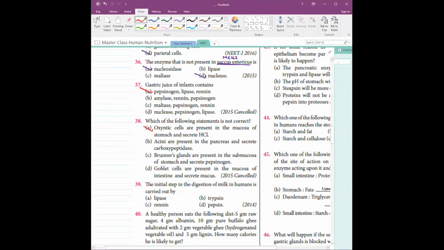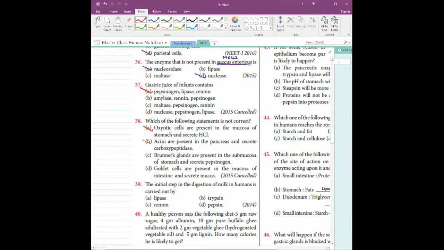Acini are present in the pancreas and secrete carboxypeptidase. Is this true? Yes, this is also true. Let's try to see the third one, guys. Brunner's glands are present in the submucosa of the stomach and secrete pepsinogen.